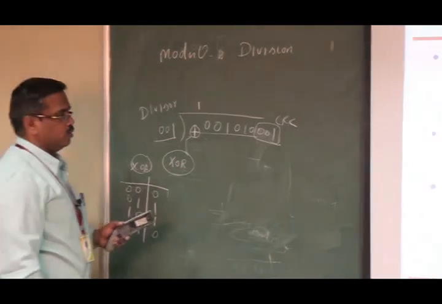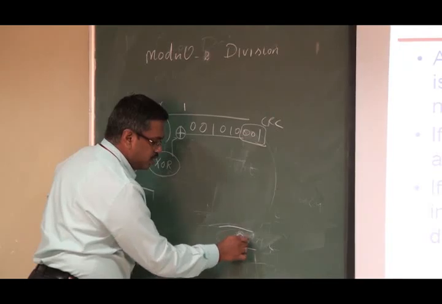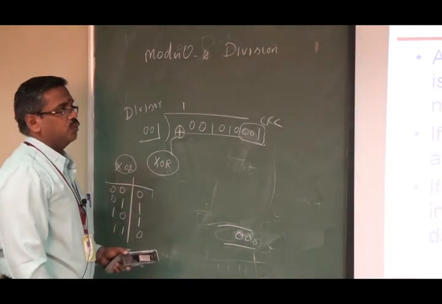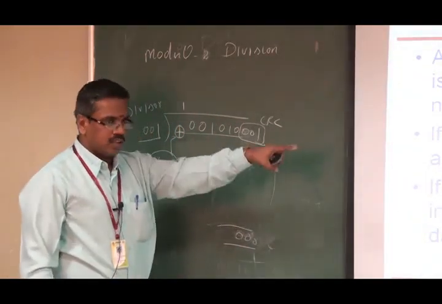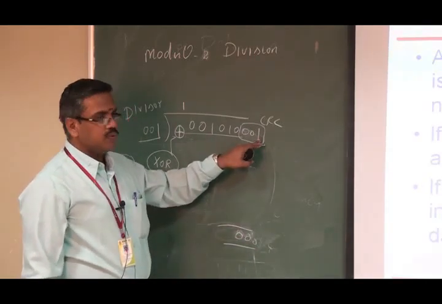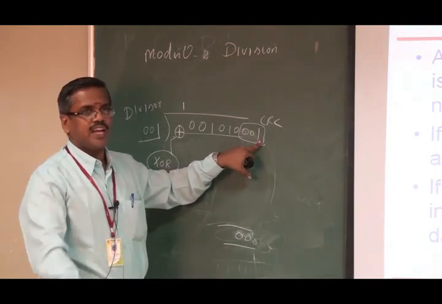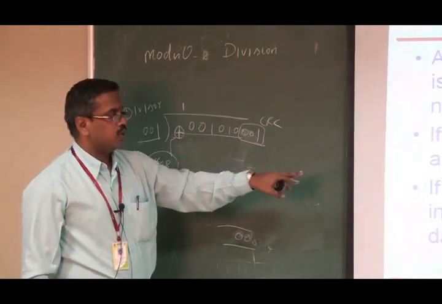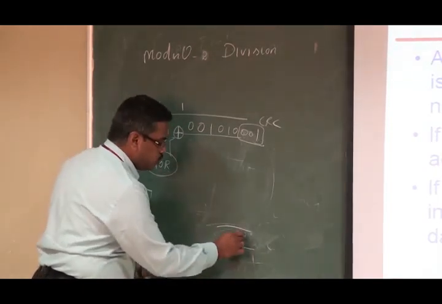While performing this division, if we receive the remainder as 0, meaning there is no remainder, then the received message is the original data unit, and you can accept it. Suppose there is a remainder, instead of 0, say 0 1 0.